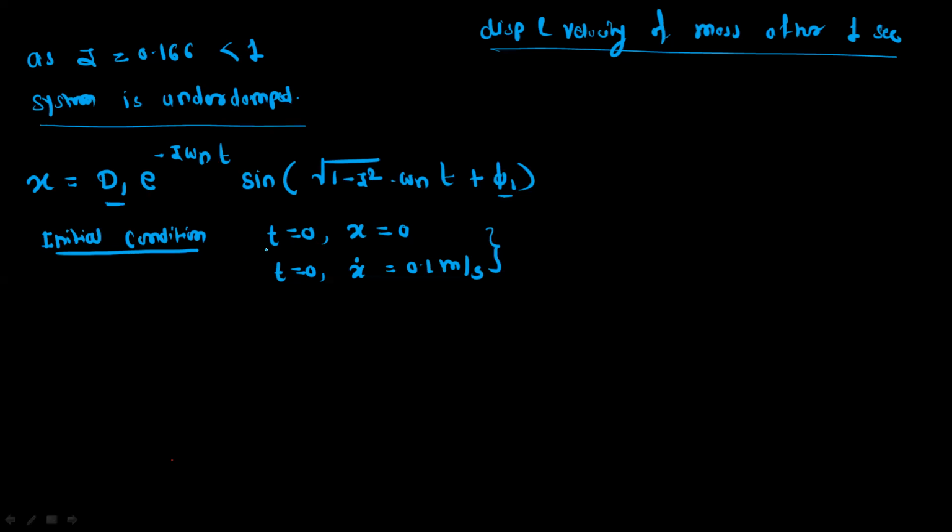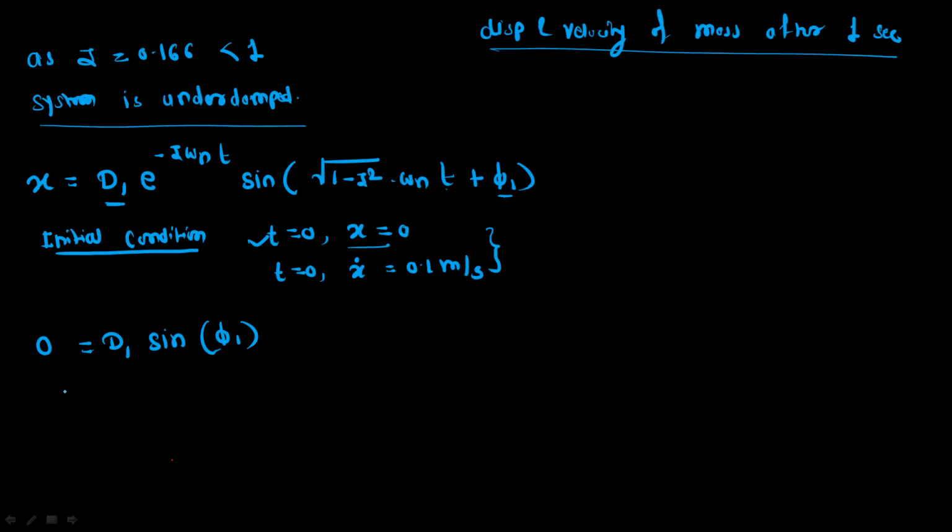So you can put the first condition as it is. Put the value of x0, because x0 is when time t is 0. So put t equal to 0 in this equation. e raised to 0 becomes 1. So this is equal to the constant d1 in bracket, and in the sine, as t is 0, this total term will be 0, so we just get sine phi 1.